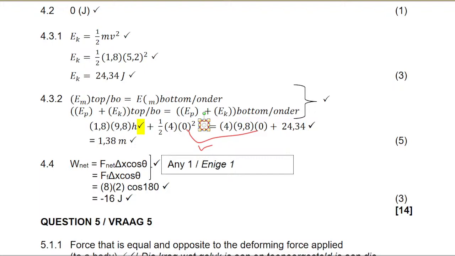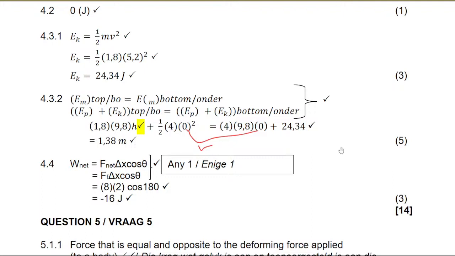And then the last mark for substitution will be on 24.34, which was awarded a mark in 4.3.1. So the whole side here must be positive, and that 0 has to be visible on that side.